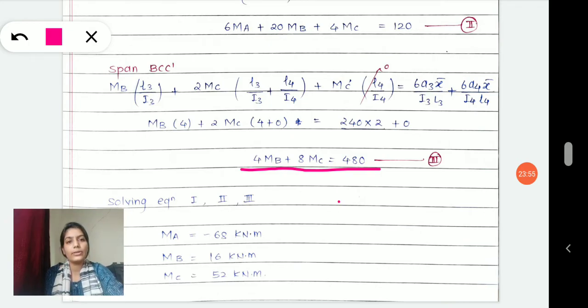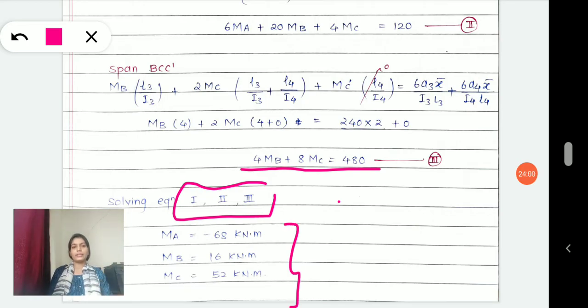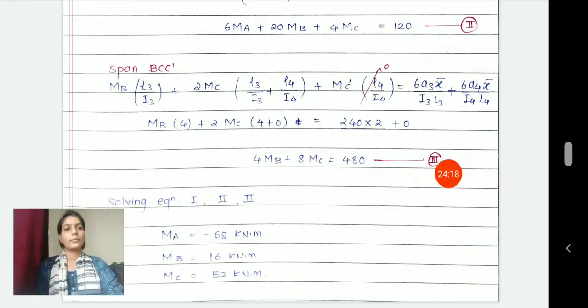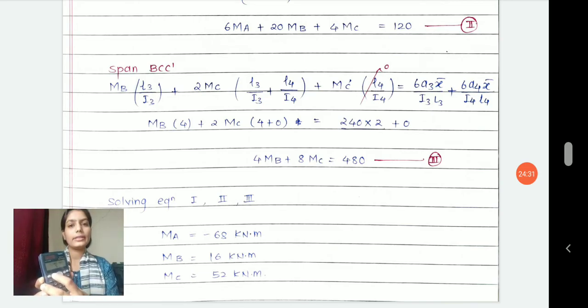Now take equations 1, 2, 3 and use your calci to calculate moment A, moment B and moment C. How will you do that? You have a calci with you. Turn it on and go to the mode.